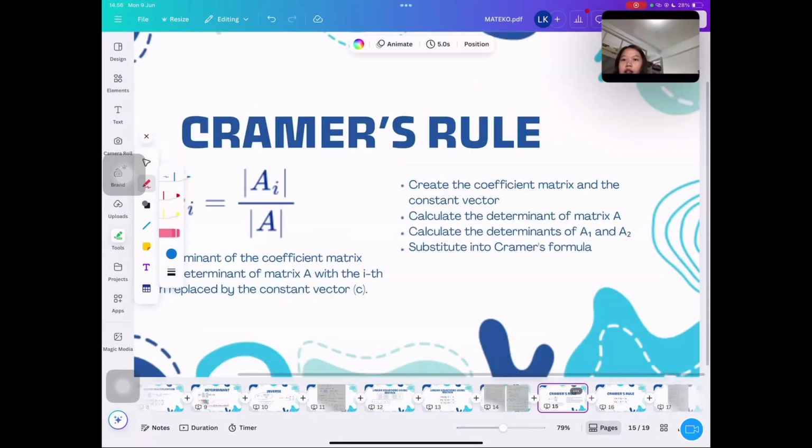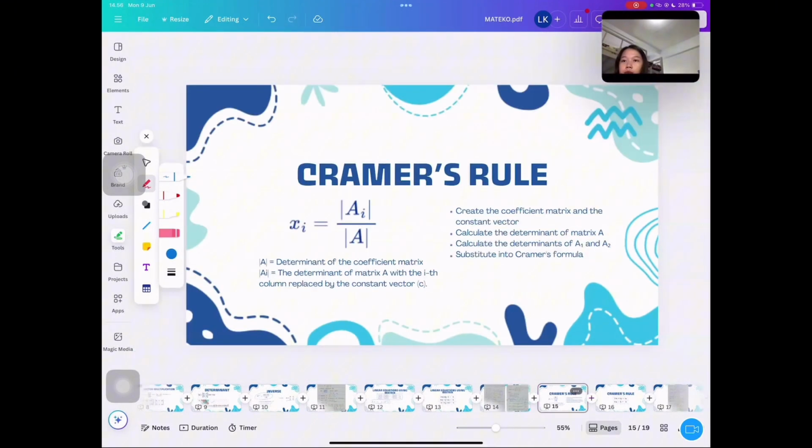Next, the next material is Cramer's rule. So to find Cramer's rule, we have to create the coefficient matrix and the constant factor, and then calculate the determinant of matrix A, calculate the determinants of A1 and A2, and then substitute into Cramer's formula.